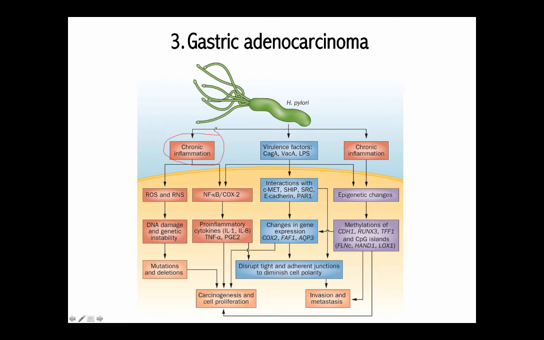One of the things that Helicobacter pylori will do when it infects is trigger an inflammatory response. That means that immune cells are going to move into the region of the infection, and there's going to be a lot of reactive oxygen and reactive nitrogen species produced by the phagocytes that move into the site of infection.